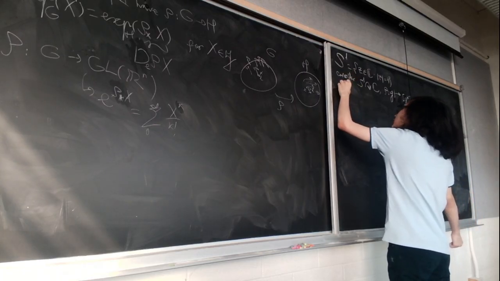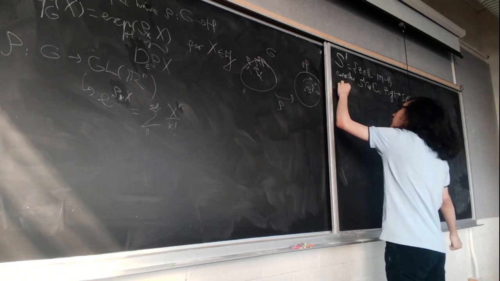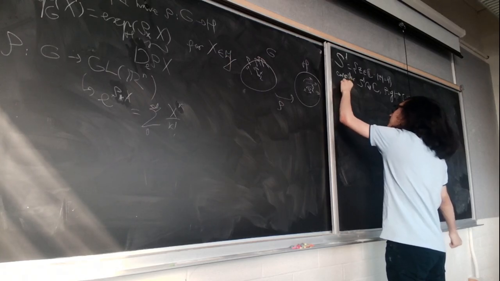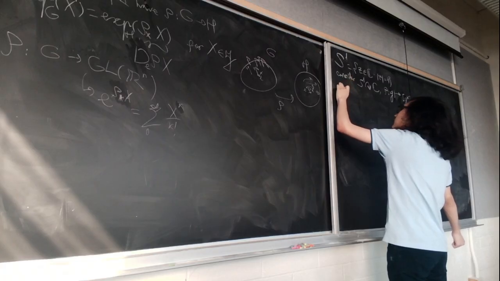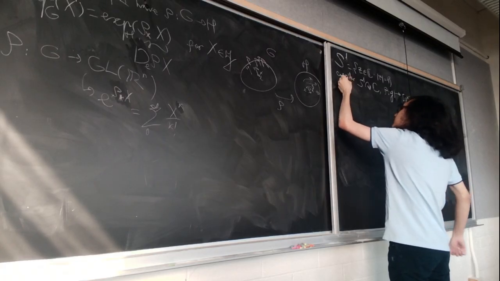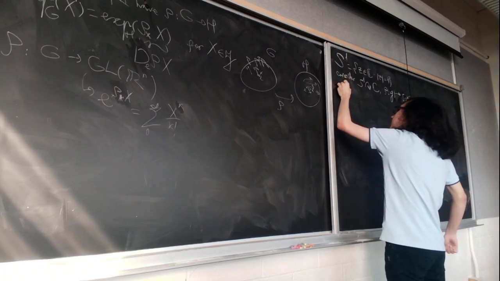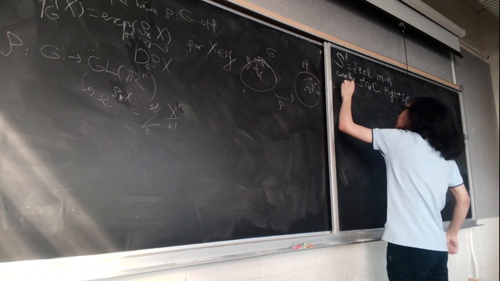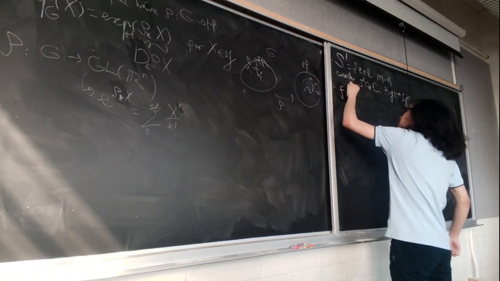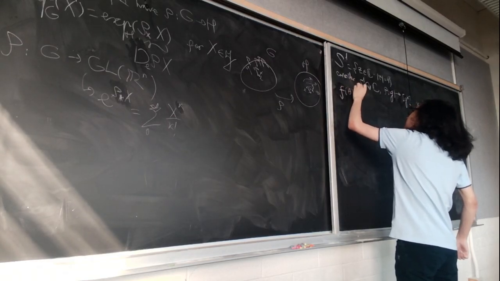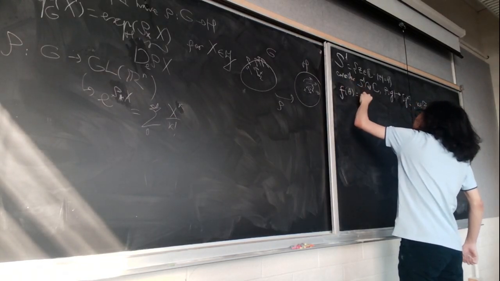So what we do is we take a map. F of theta gives us e to the i theta.